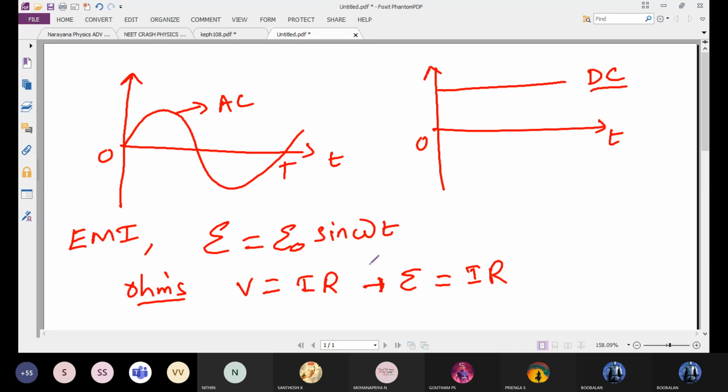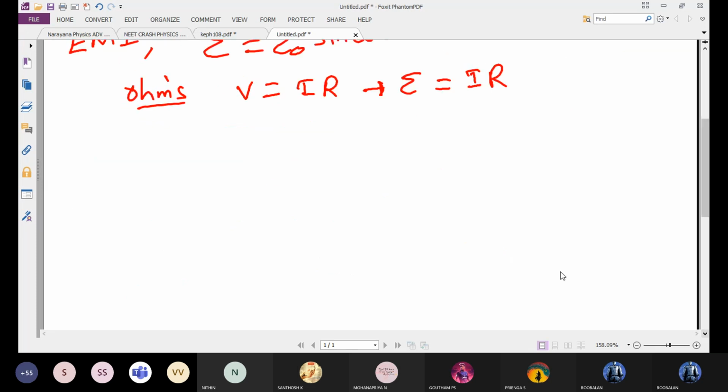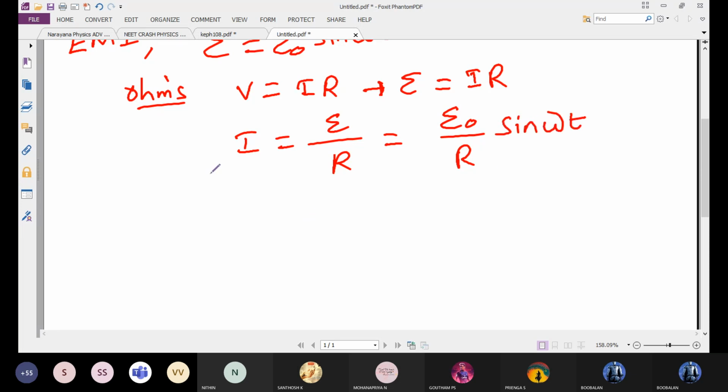I need only the current value, so I equals E by R. The value of E is E naught sin omega t, so I is equal to E naught divided by R sin omega t.